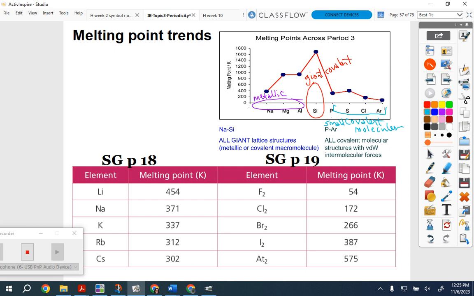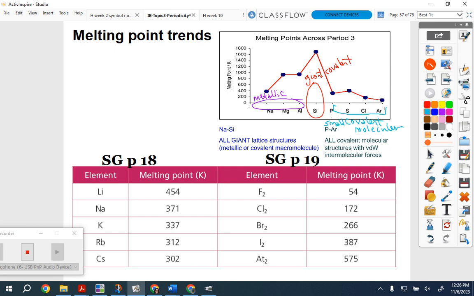Thinking about going down a group, if we look at group 1, you'll see this on study guide page 18, where it talks a little bit more about the group 1 elements and sort of trends within group 1. And they're mostly things that we've already talked about, as far as decrease in ionization energy, increase in atomic radius, the general trends that we've talked about.